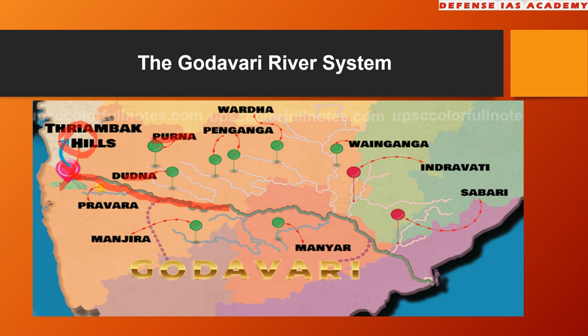Then it flows eastwards, where you have the tributaries Dundna, Purna, Penganga, Varda, all joining into the Godavari river system.